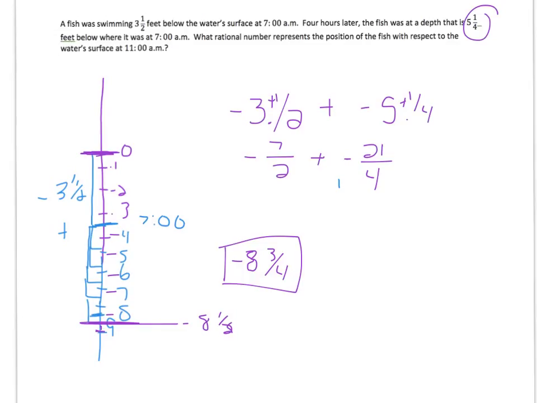And they're not like terms, so I'm going to take my -7/2 and I'm going to change it into something with fourths. So I have now negative 14, because 2 times 2 is 4, so 7 times 2 is 14, negative 14 fourths plus negative 21 fourths.